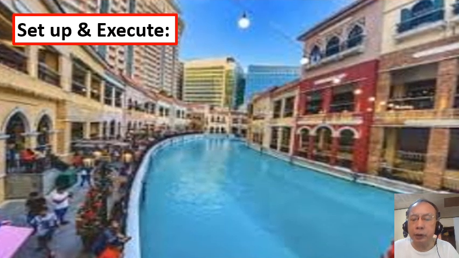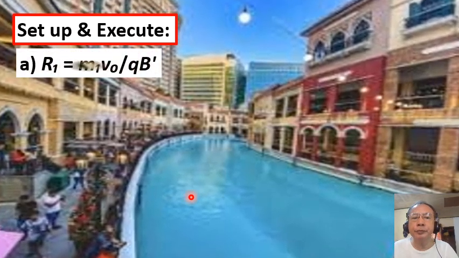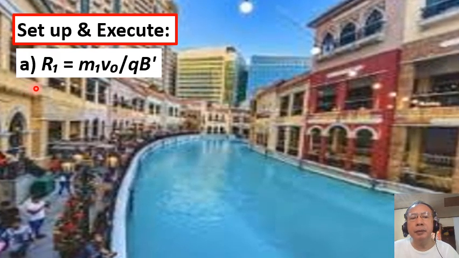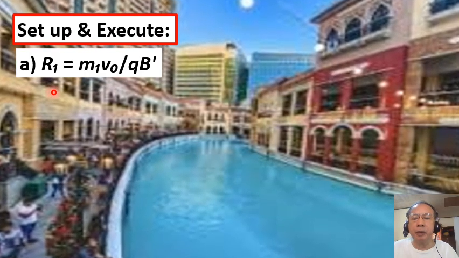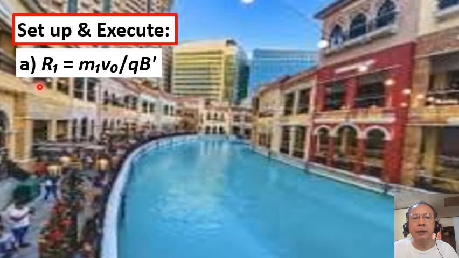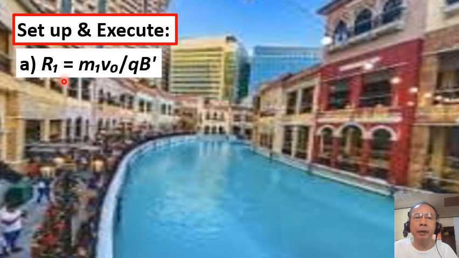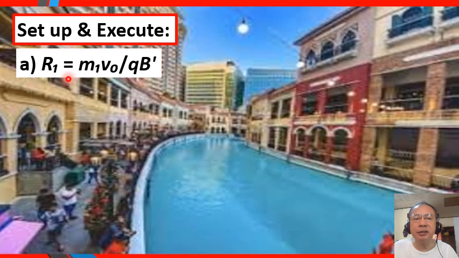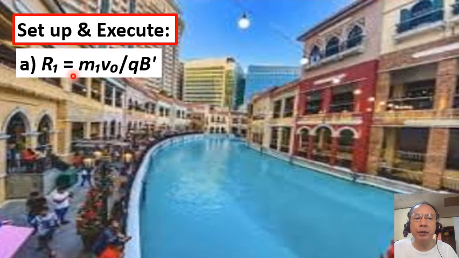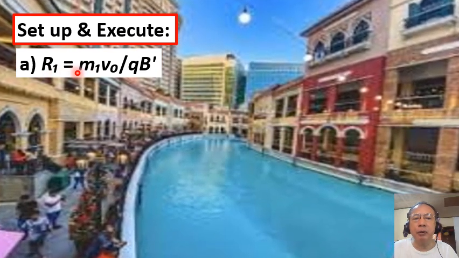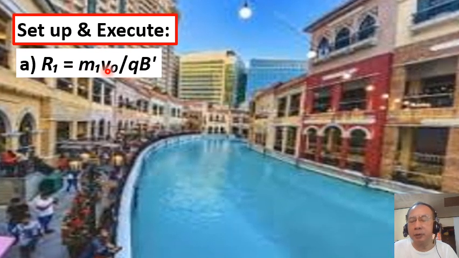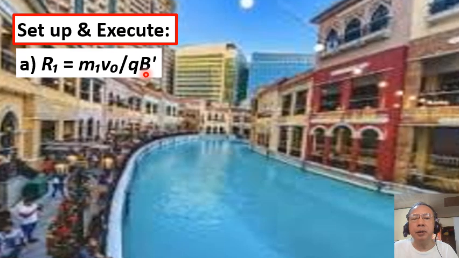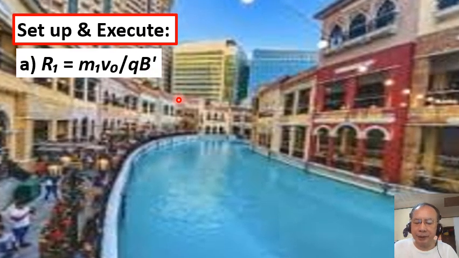All right, so moving on to our computation for question letter A, finding the value of the radius of the semicircular path followed by the oxygen-16 isotope ions. That is R1 equals mass M1 times the speed V naught divided by the charge Q times the magnetic field B prime.